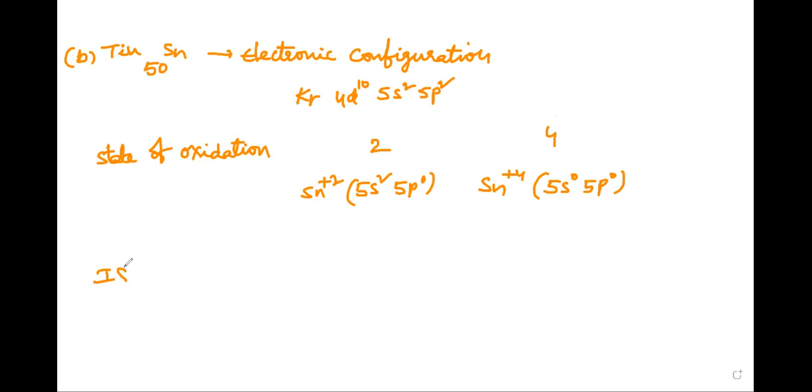So here the isomer shift for the state of oxidation 2 is 3.7, and for the other it is 0.